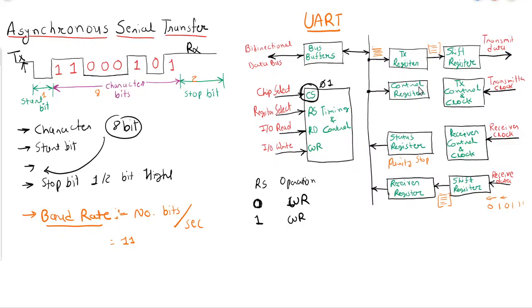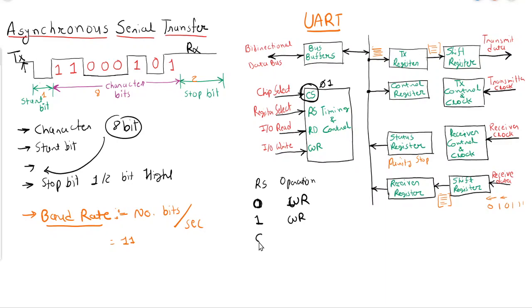So whatever control information the CPU wants to pass to the IO device via the interface, at that time the value of RS will be set to 1 and the write will be set to 1. If RS is 0 and write, then it will select the transmitter register, and if 1 and write, then it will select the control register.